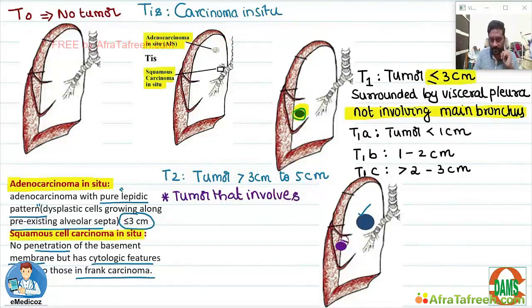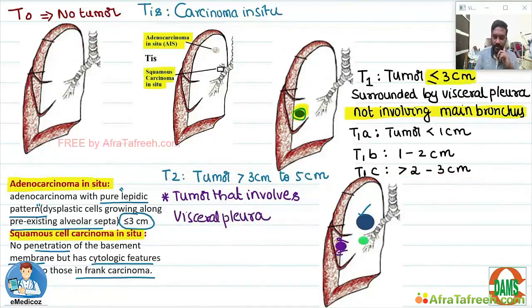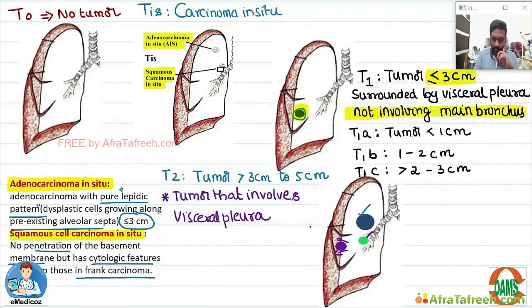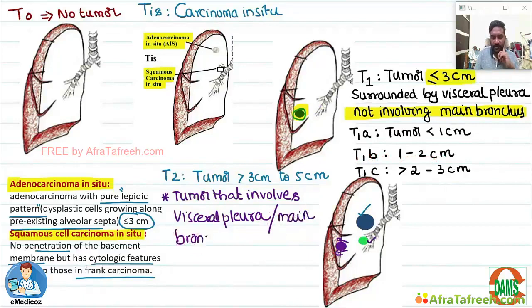Now you can see the tumor is invading the visceral pleura, or the tumor can go and involve the main bronchus. Previously the tumor was away from the main bronchus. Now it is going and involving the main bronchus.